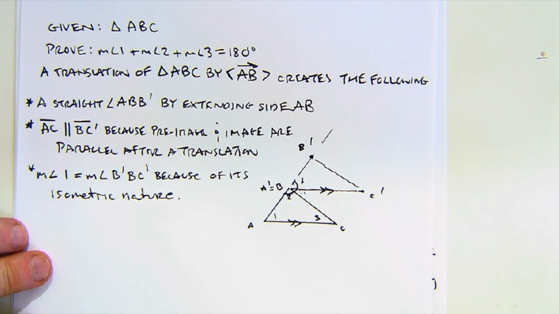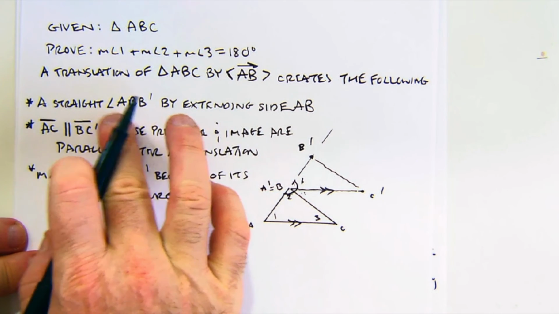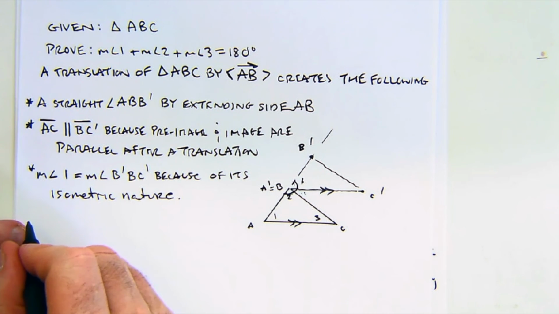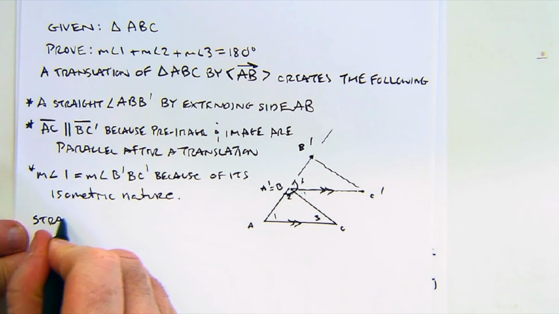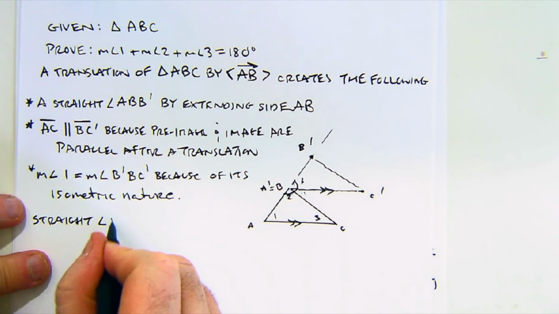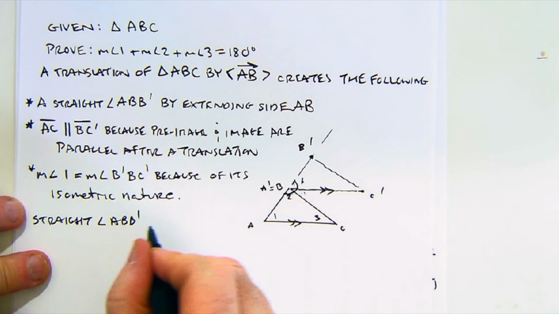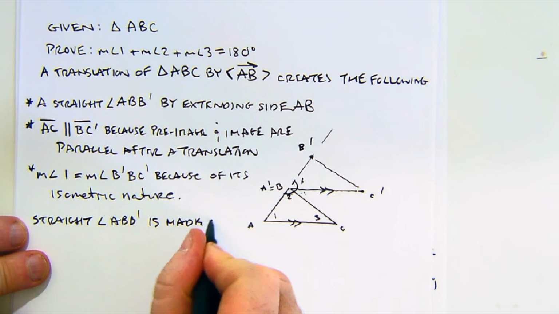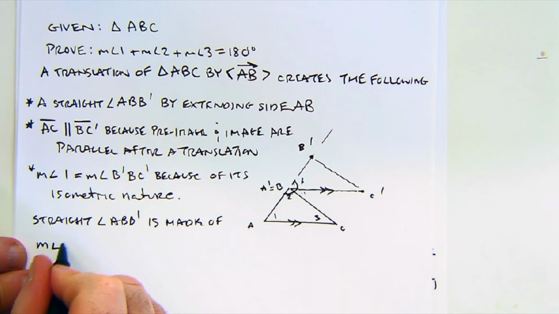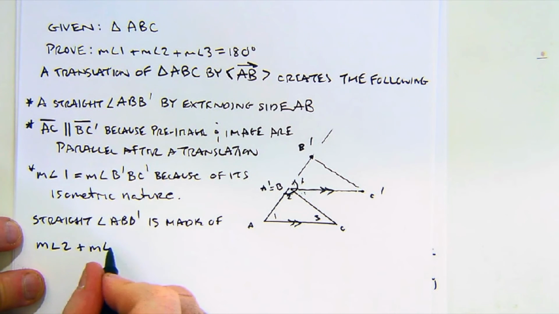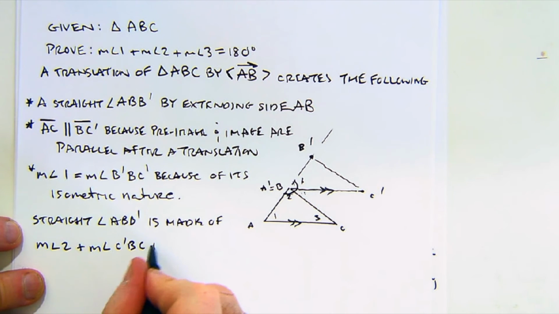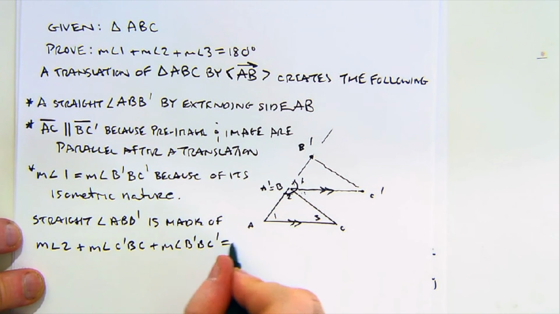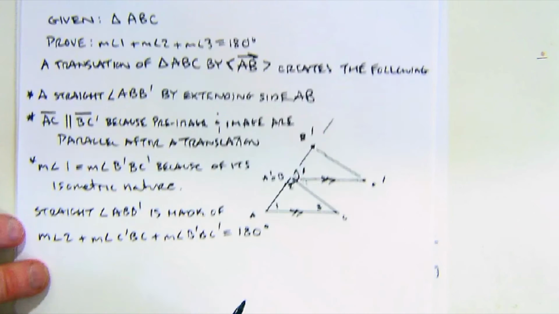The other thing maybe I should have mentioned is that straight angle A, B, B prime, I created it. Well, let's do it now. Straight angle A, B, B prime is made of the measure of angle 2 plus the measure of angle C prime BC plus the measure of angle B prime BC prime equaling 180 degrees.